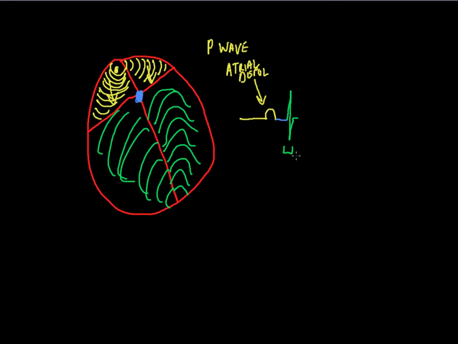But for our purposes, I'm just drawing it both up and down here to show you that it's the up and down motion that you're seeing. But it's a very tall and narrow spike that typically happens here. This is the ventricular depolarization.